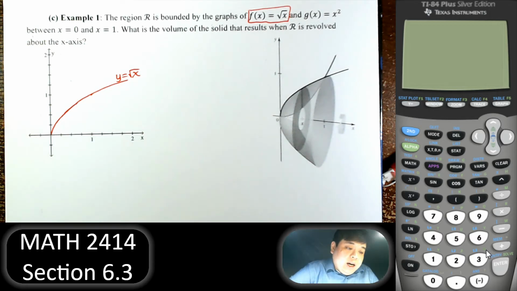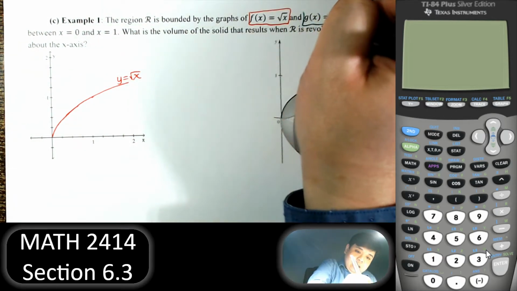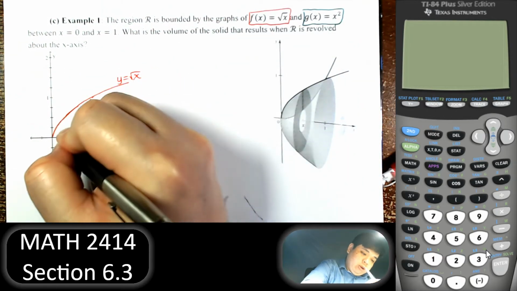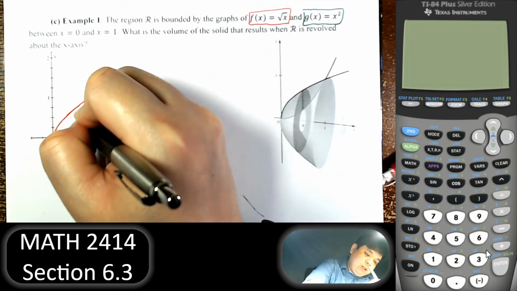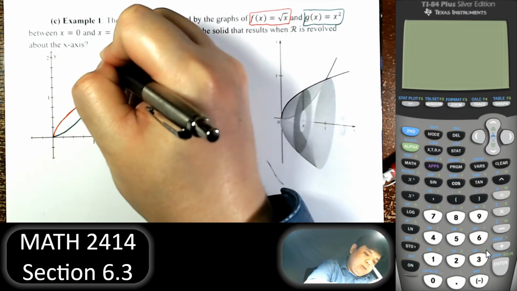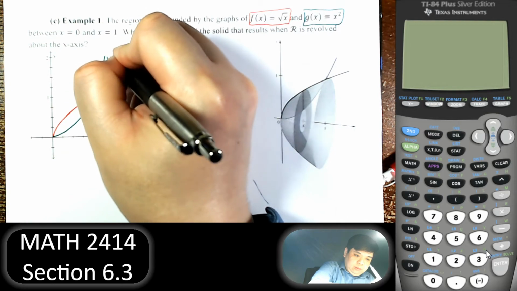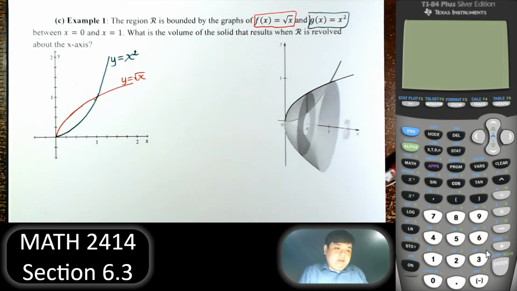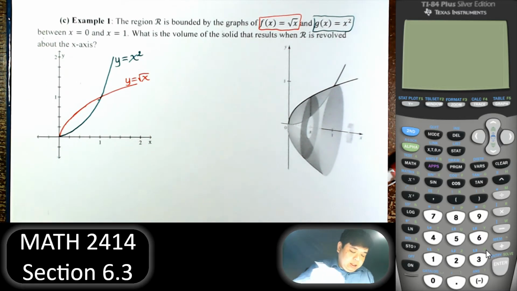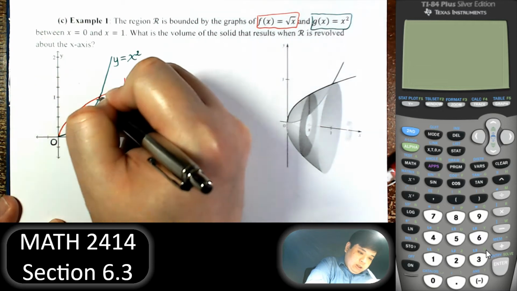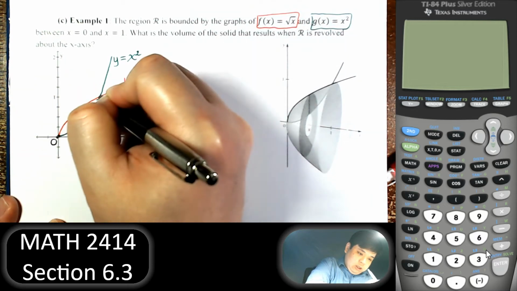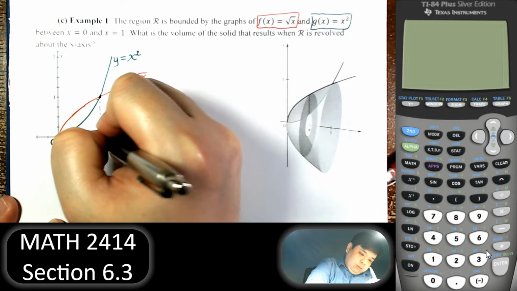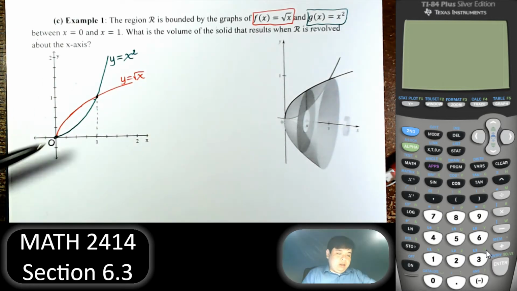And then g of x is x squared, so the parabola, and so we have from 0 to 1, and we rotate this region about the x-axis.